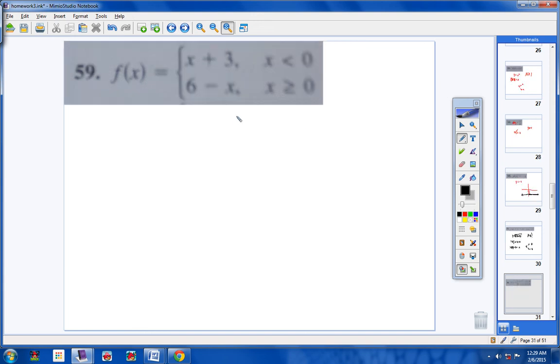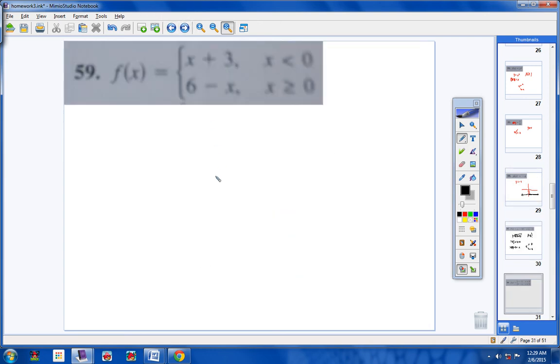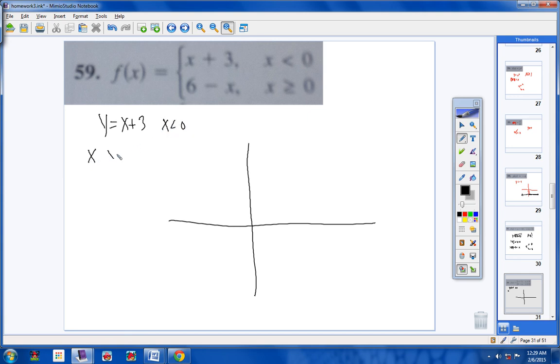Number 59. Now this one here is going to be like number 55. It's going to be really hard to do this without a graph, so I'm just going to graph it super quick, like in 60 seconds. For this piece up here, I have y equals x plus 3, and x is less than 0. So, table of values, I'm going to put in a 0, -1, -2, because x is less than 0.